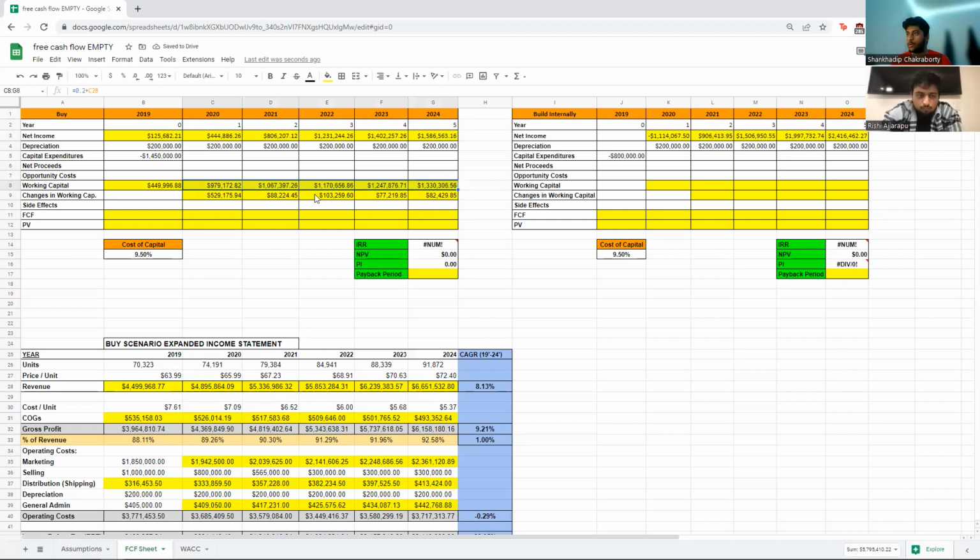Now, why this is so important is the changes in working capital. So when you're doing change in working capital, you're doing the current year minus the previous year. And in terms of cash flow, when you're increasing your amount of working capital, you're spending money, right? Your working capital is your inventory and your assets.